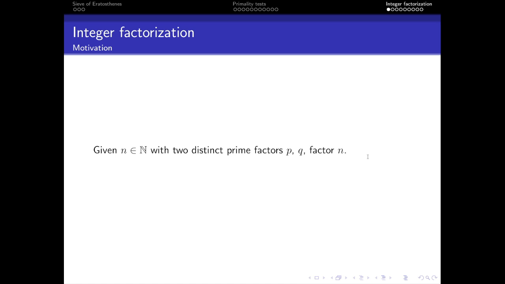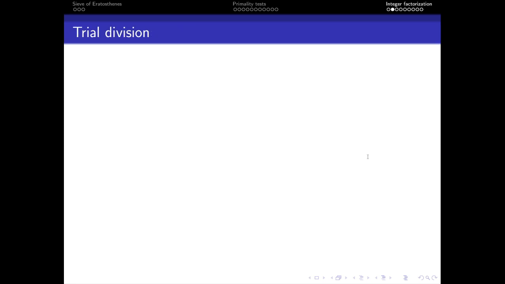Next is integer factorization. When we are trying to factorize an integer, then we have some natural number n with two distinct prime factors, and we're trying to retrieve those given n. Again, you can do trial division. So you set up some array of prime factors, and you go up from 2 to the square root of n.